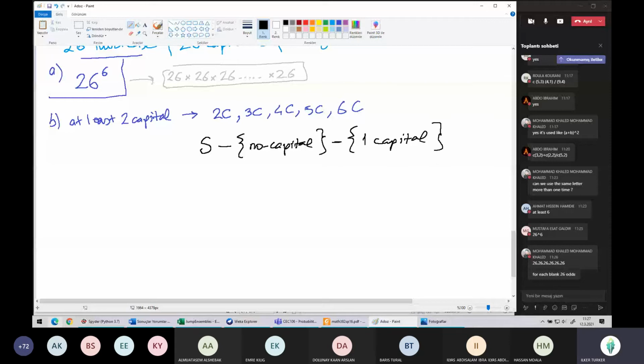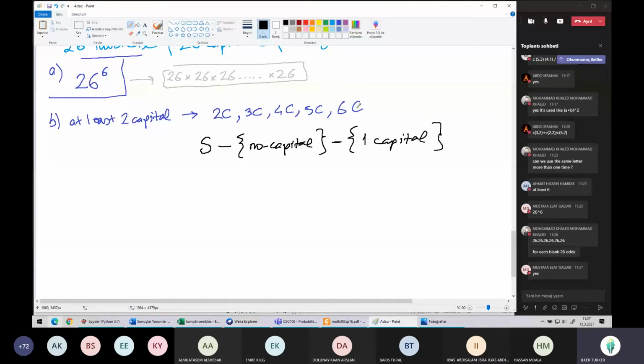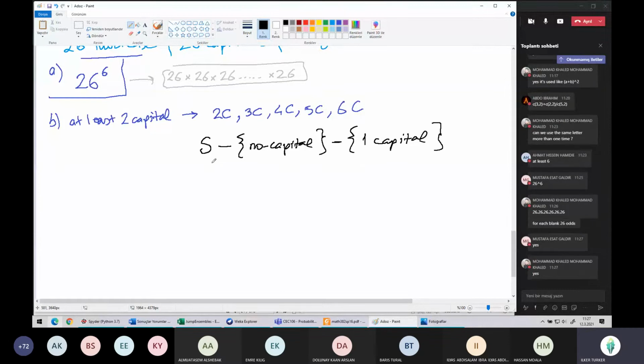Right? Do you agree with my approach? Because the upper scenario is the long way. So, what is my sample space here? To calculate the sample space, you should take into account that you should use both lowercase and capitals.